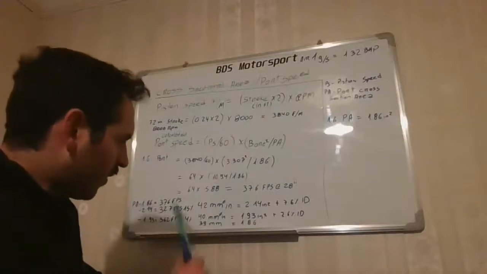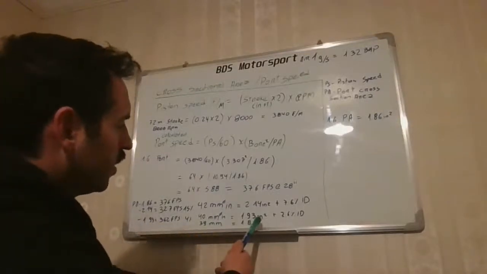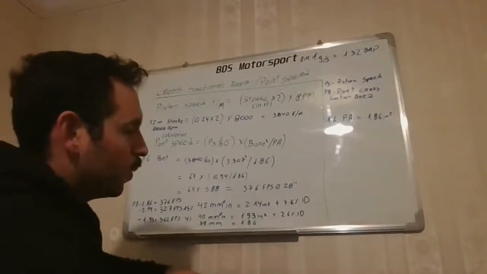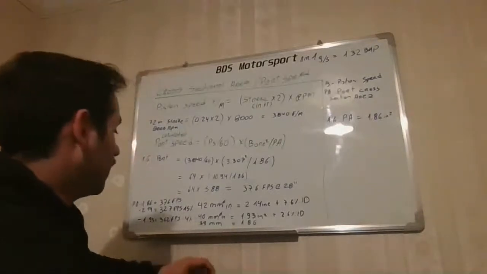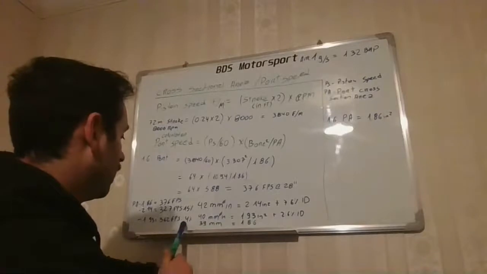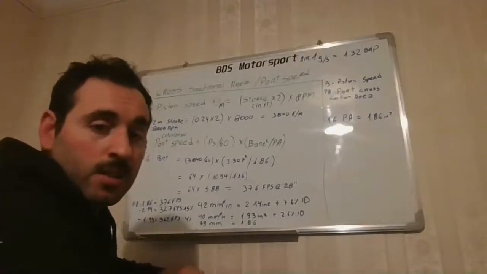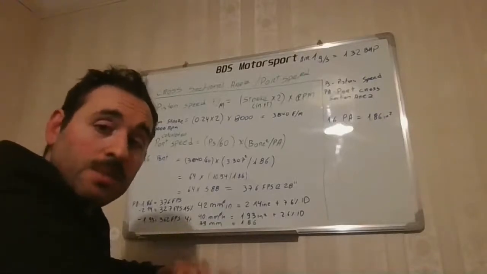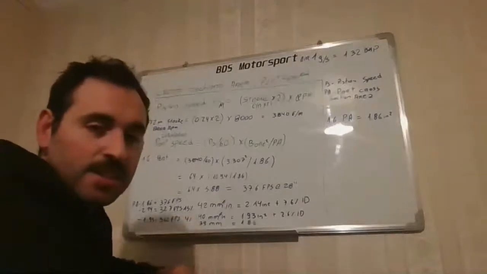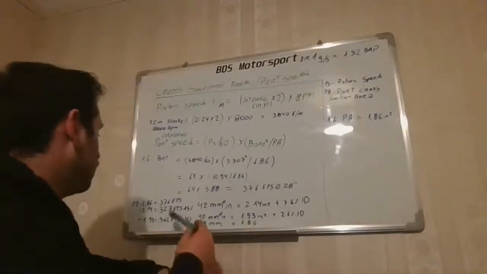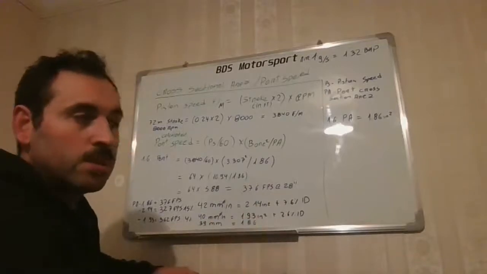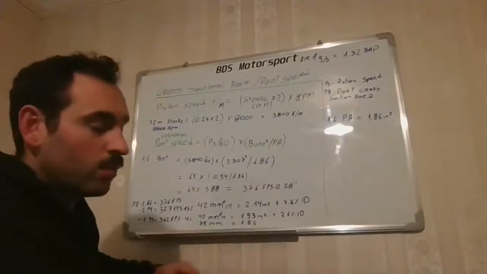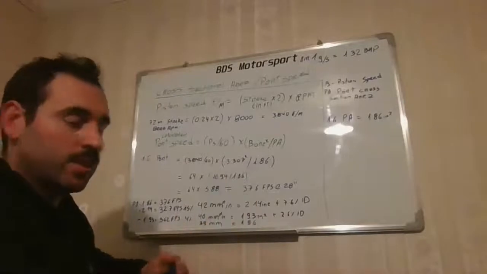So then in here, you see, it's only 2.6% bigger in ID, but still has a 4% reduction on the port speed. But the thing is, 4% is not a lot. So let's say you will have to rev the car another 300 RPM to make up for the extra space.